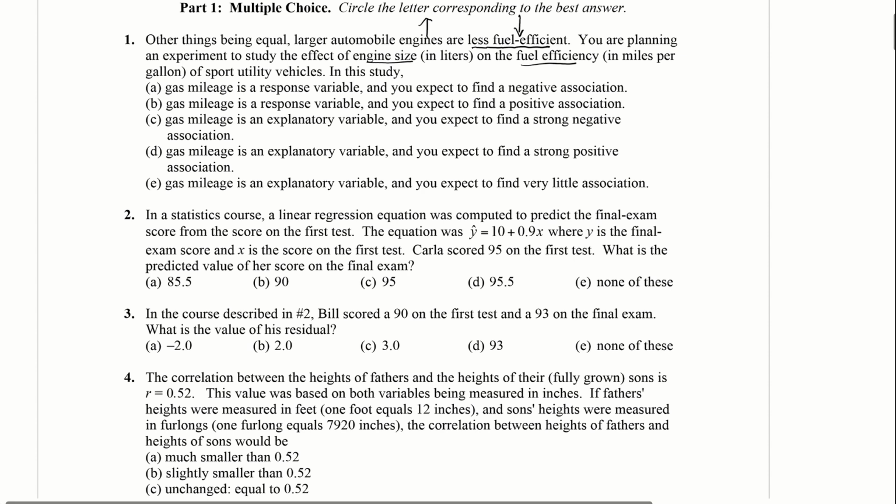As the engine increases in size, the fuel efficiency is going to go down. So this is going to be a negative association: as X gets bigger, Y gets smaller. So gas mileage is a response variable. That's true. You expect to find a negative association. That's true. So the answer is A.